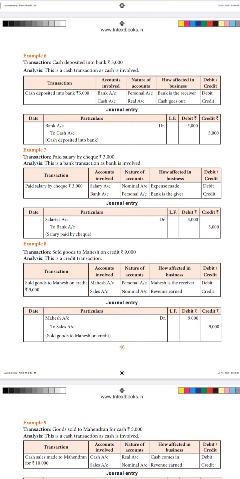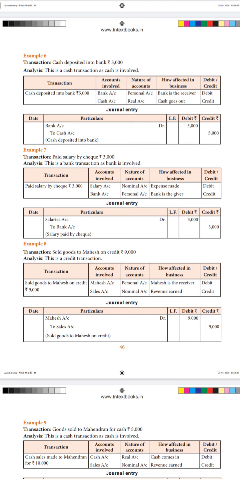Now as per nominal account, all the expenses and losses should be debited, incomes and gains should be credited. Since it is an expense, we need to debit salary account. Then comes bank account. Bank account is a personal account in nature, and as per personal account, debit the receiver, credit the giver.